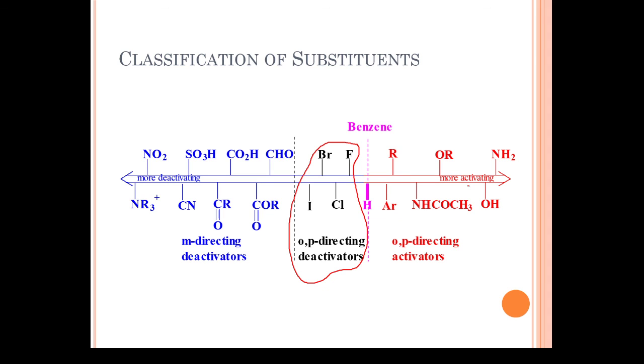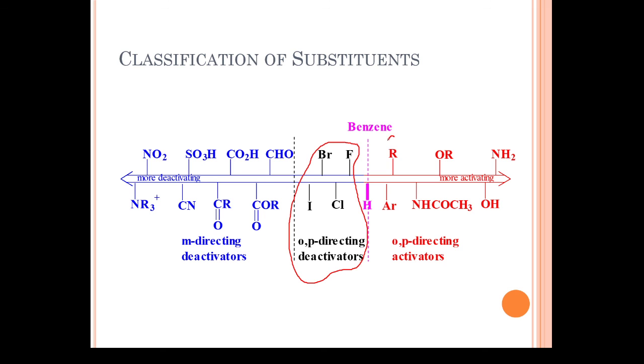Consider the substituent attached to the ring: O bonded to a carbon, nitrogen bonded to a carbon, nitrogen bonded to a hydrogen, oxygen bonded to a hydrogen, an alkyl group like CH3. If the atom in that substituent bonded to the ring is more electronegative than what it's bonded to, I'll be an activator.